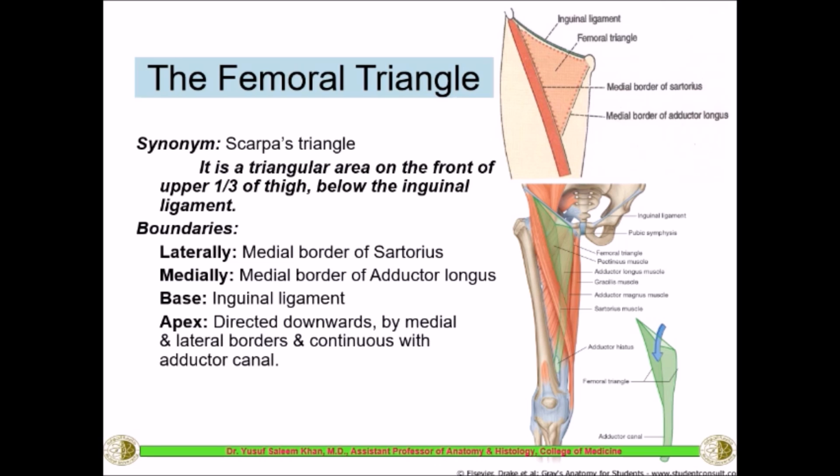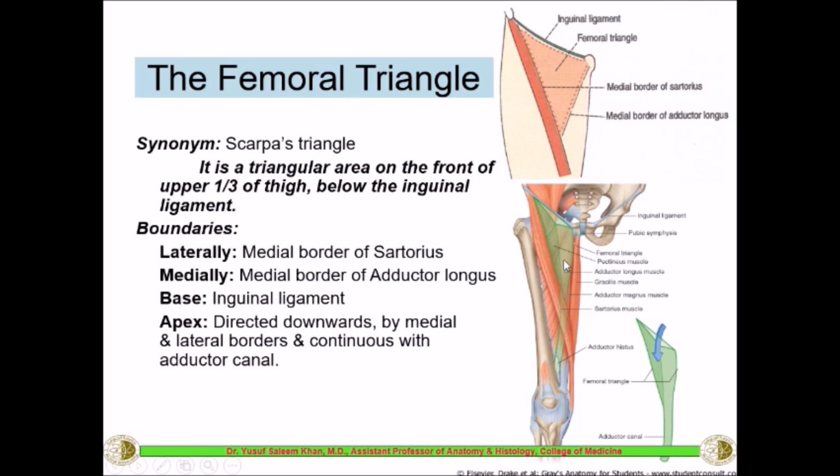The apex, as I said before, is directed downwards, but it is not sharp, it is blunt, and it will continue below as a canal. This is called the adductor canal. Again, we will study the adductor canal in detail later. So you should know that the apex is not totally closed, but it has an opening.